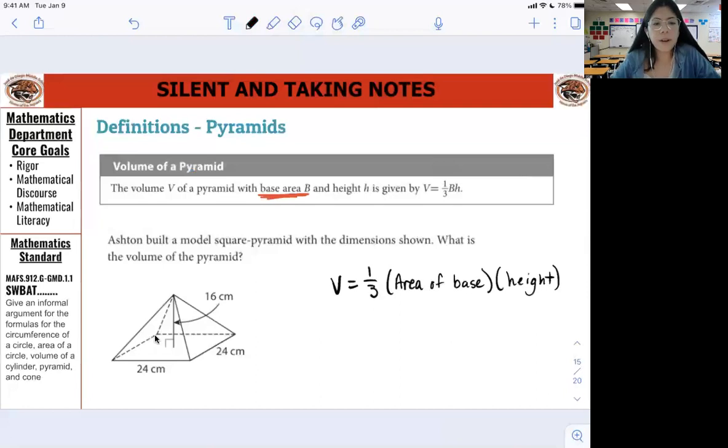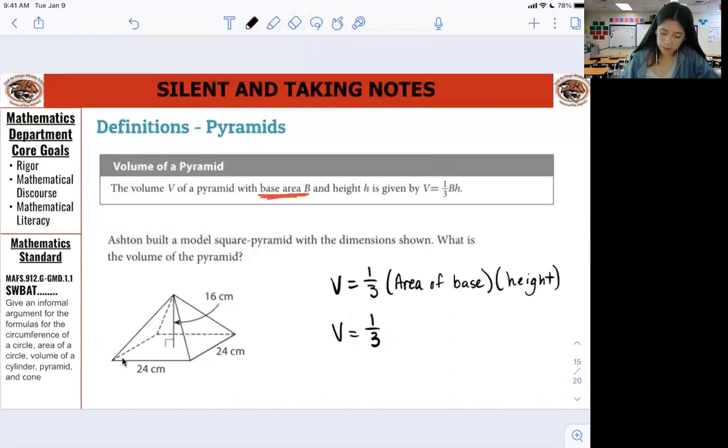Since I have a square pyramid, what is the area of the base? Of a square. What's the formula for the area of that base?